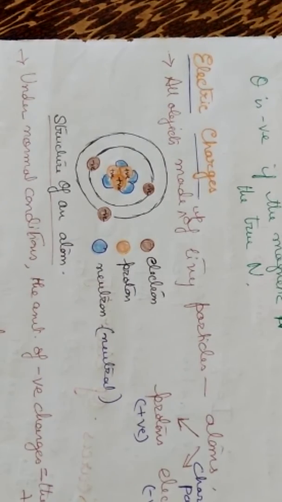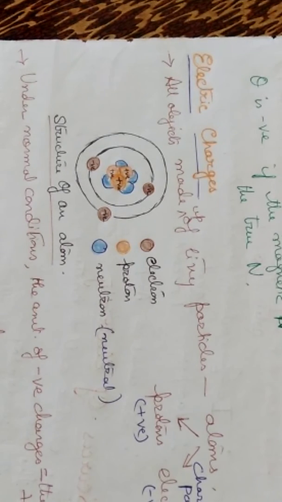Under normal conditions, the number of protons is equal to the number of electrons, so the positive charge equals the negative charge and the atom is neutral. In this way the atom exists in its normal state.